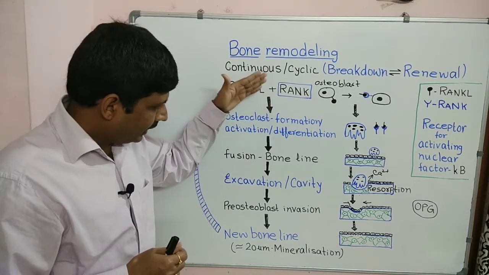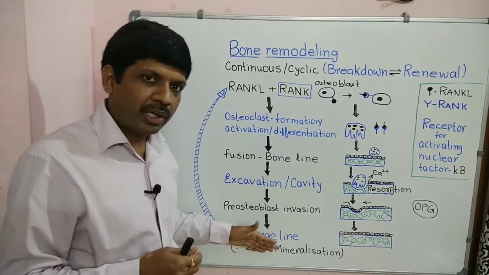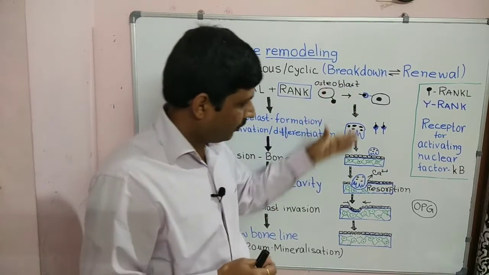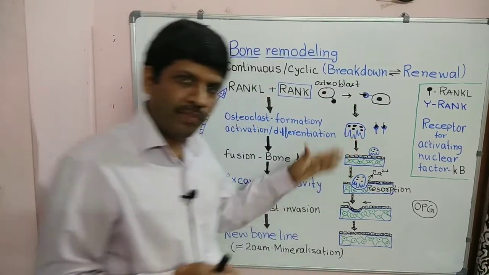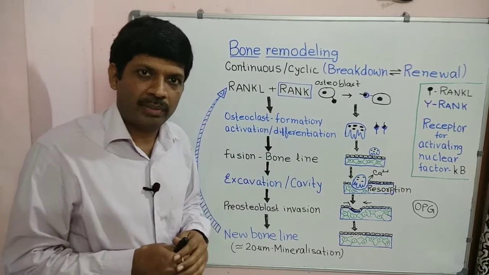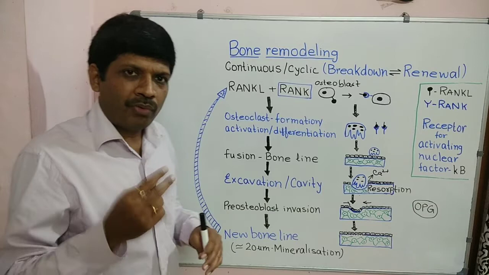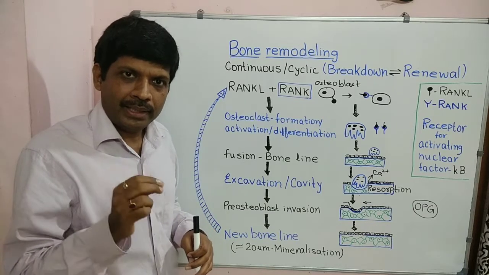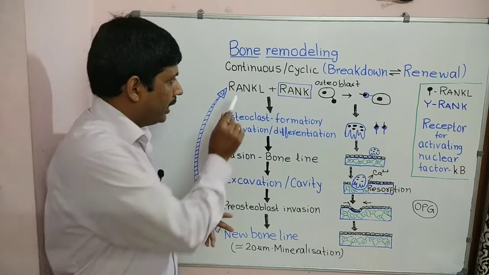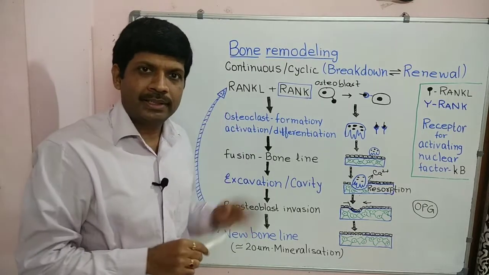I have written the steps involved in bone remodeling and I have drawn a few figures with the help of which I'll explain it. There is involvement of a ligand and a receptor. So RANKL, this is a ligand.